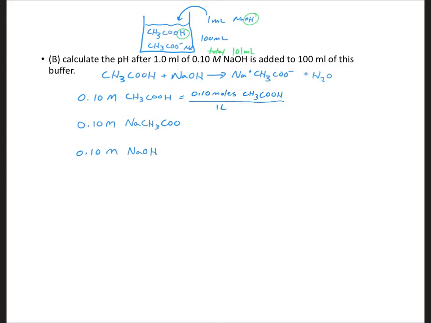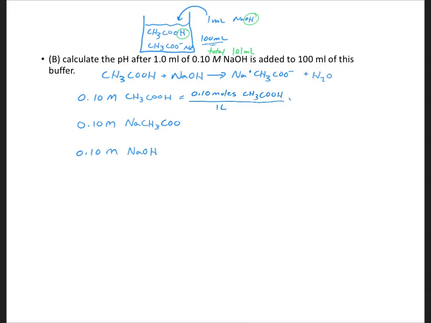But we don't have a full liter of this, which means we don't have a full 0.10 moles of this compound. We actually had 100 mL of this, so we need to multiply this number, 0.10 moles per 1 liter, by the number of liters we actually have.